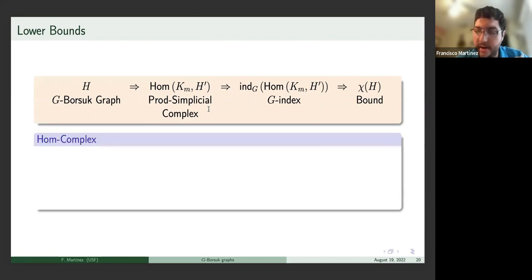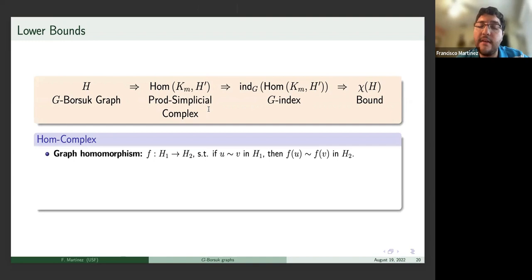So the Hom-complex: a graph homomorphism is a map between two graphs, such that if we have an edge in the original graph, then it maps that into an edge in the second graph. Okay, a graph homomorphism is a map that sends vertices to vertices and edges to edges.